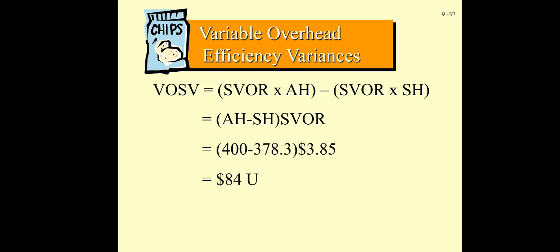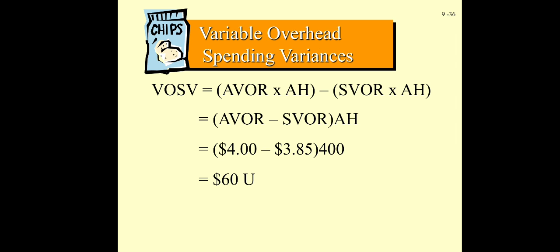So what is the total variable overhead variance? To calculate the total variable overhead variance, you use the variable overhead efficiency variance, $84 unfavorable, plus the variable overhead spending variance, $60 unfavorable.